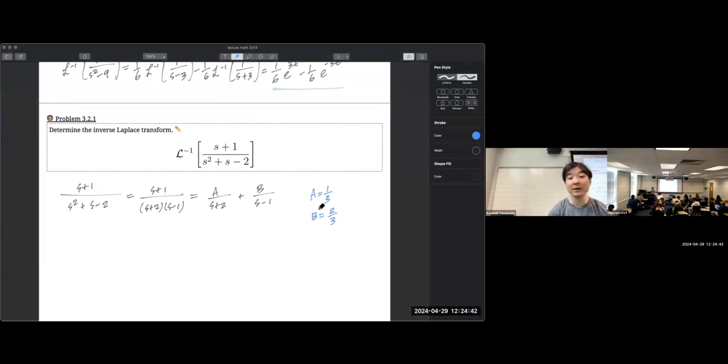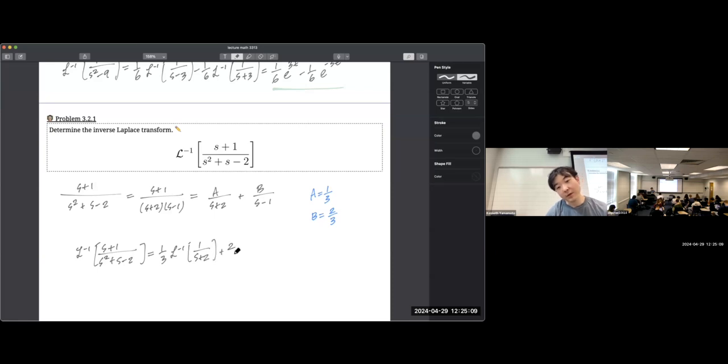But once you have those, then the inverse Laplace transform of this thing that you want is just going to be equal to 1/3 times the inverse Laplace transform of 1 over s plus 2, plus 2/3 times the inverse Laplace transform of 1 over s minus 1.